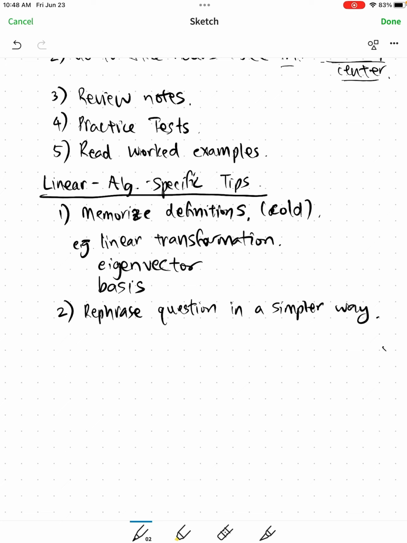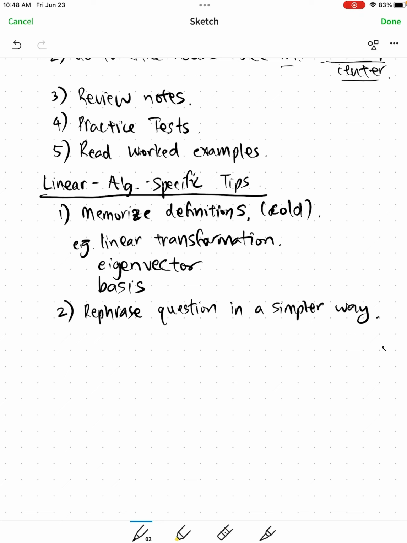If you ask something like, is a vector in the span of these other vectors, notice that they use the technical vocabulary word span. So before you think about, okay, what do I do, just take a moment, pause and ask yourself, what is this even asking me? How can I rephrase this question without using the word span?